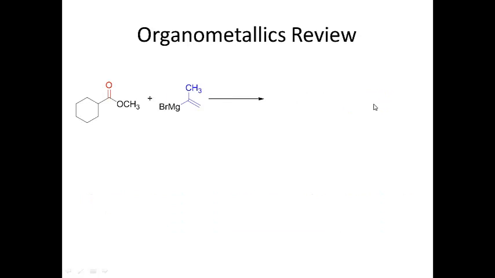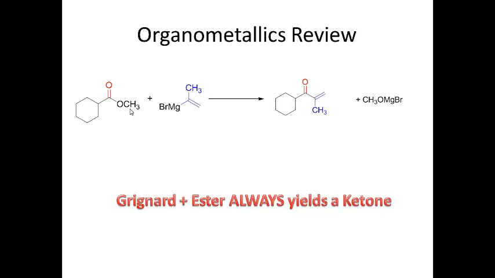By the same token, if you take a Grignard and an ester, what do you get? You get a ketone where the group that's attached to the Grignard, so the organo part of the organometallic, remember, this is the metal, this is the organic part, so this group is what gets transferred here, right?